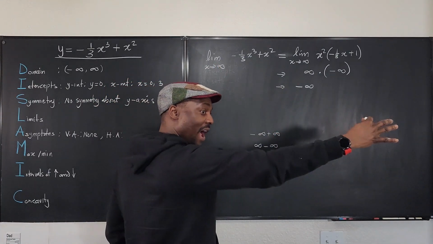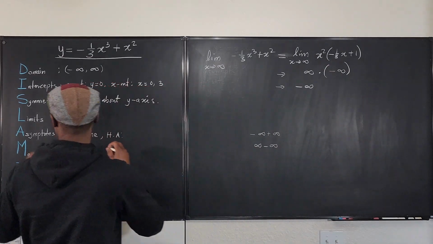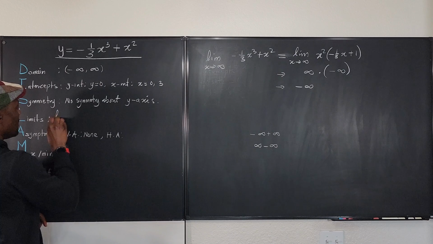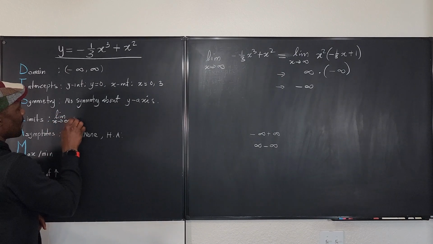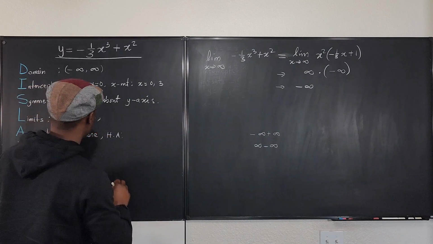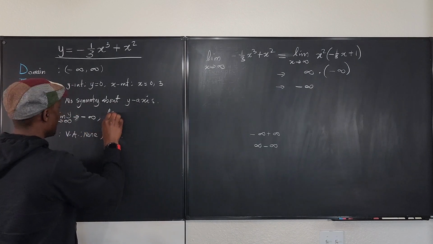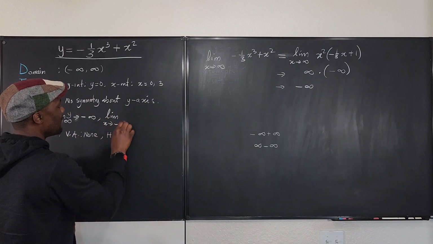As you go to the right, the function goes down. So we go here, we're going to say the limit as x goes to infinity of y. Let's write y here. Okay, so about the limit as x goes to negative infinity of y.